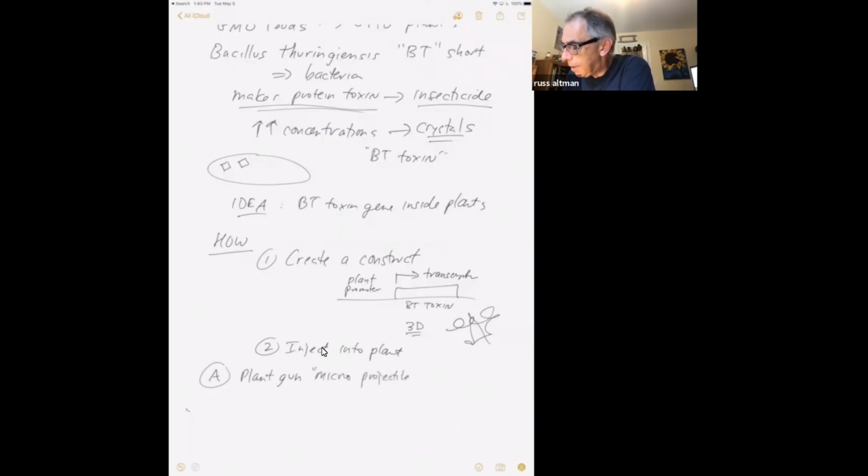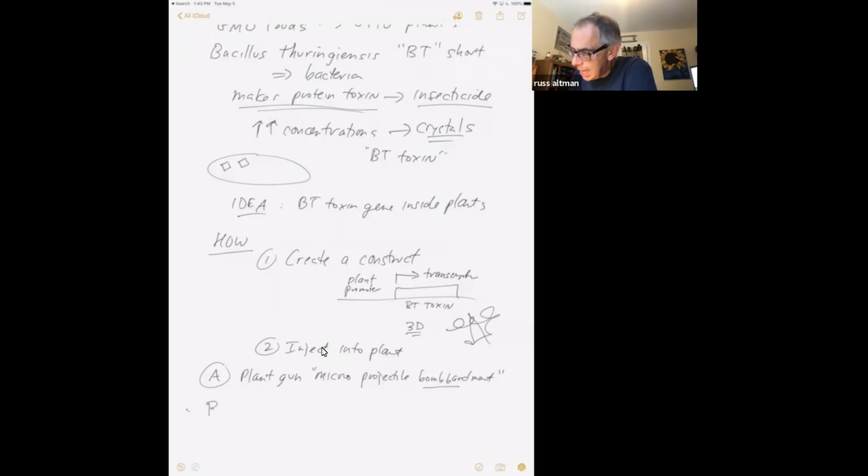Plant gun, so you literally, under high pressure, shoot the DNA into the plant cell. And then this construct floats around. It's either integrated into the genome of the plant or otherwise gets into the nucleus and is transcribed and translated. So that's plan A, so to speak.